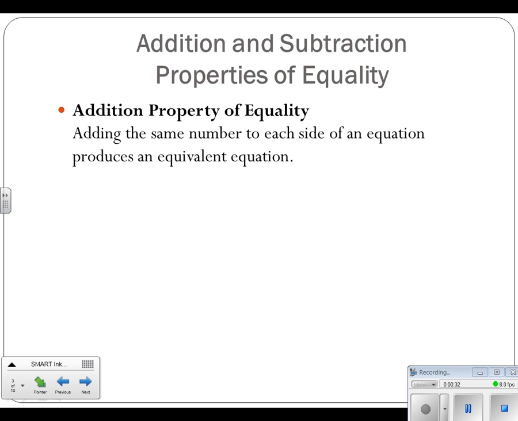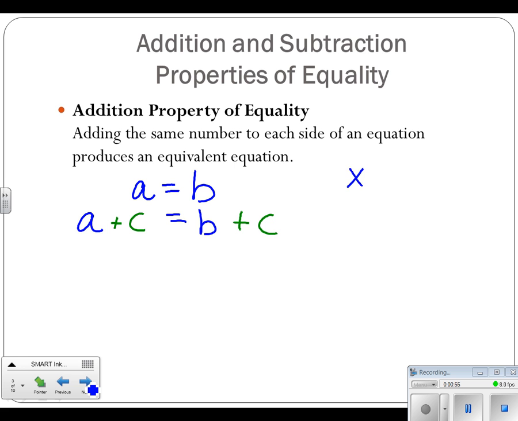The addition property of equality says that adding the same number to each side of an equation produces an equivalent equation. So if we had A is the same as B, if I took and added C to both the left and the right side, it would remain the same.